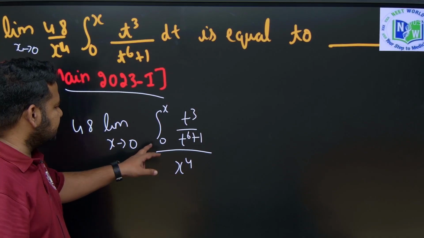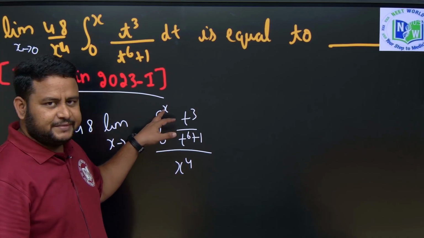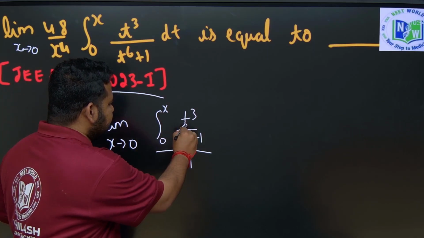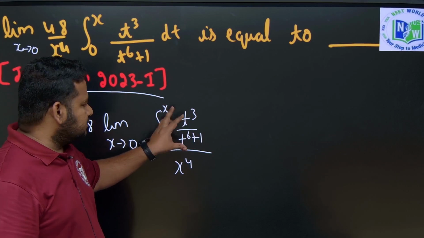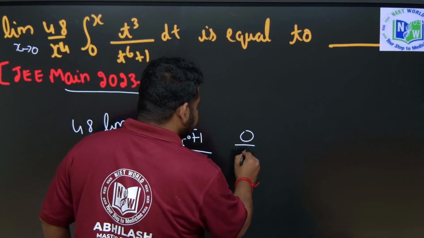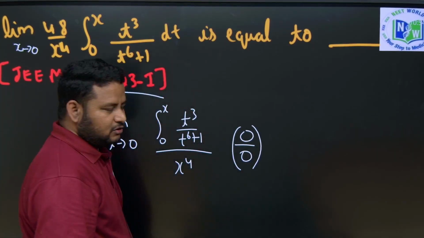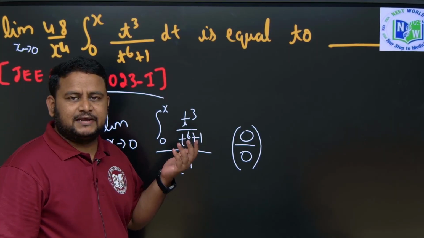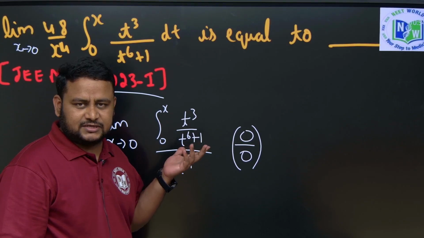Got it? Now see here, friends, lower limit is 0, upper limit is x. If I put x is equal to 0 here, what will happen? This will become 0 by 0 form. So what should I do? Just by applying the Newton-Leibniz formula, I cannot solve this question.